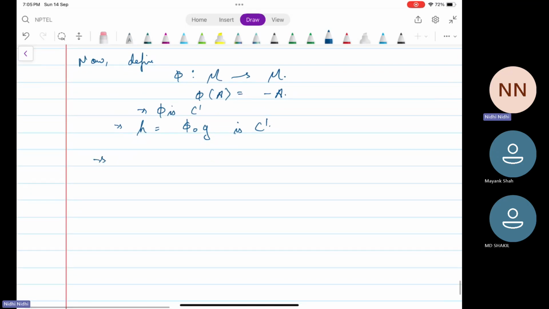This implies for any B in W, H(B) square is equal to phi of G(B) square.